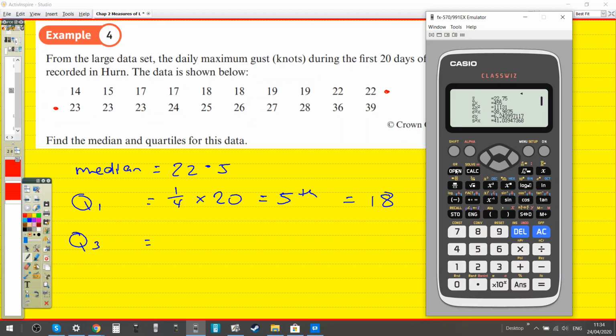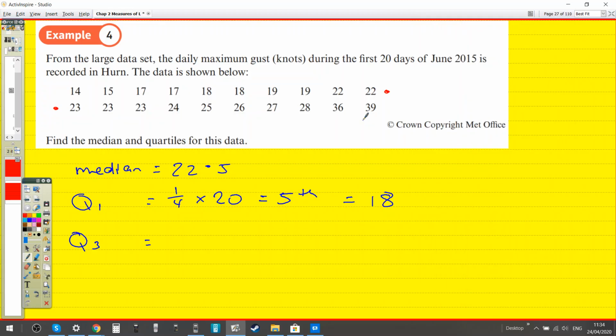So Q1 is 18, median 22.5, and then Q3 25.5.